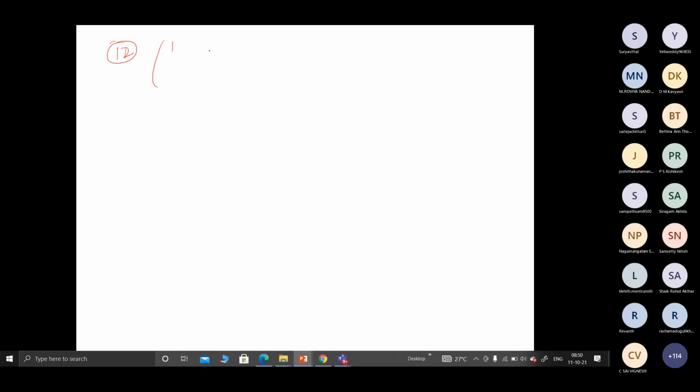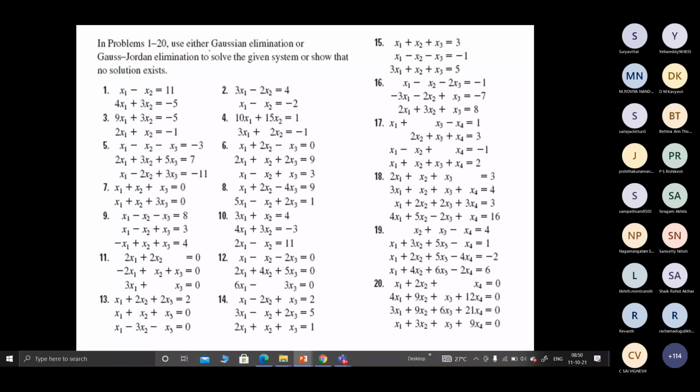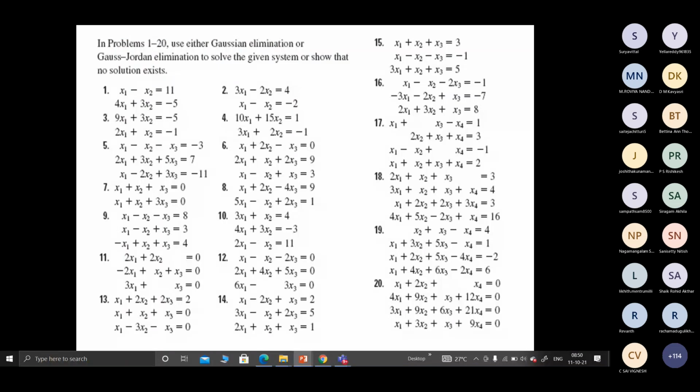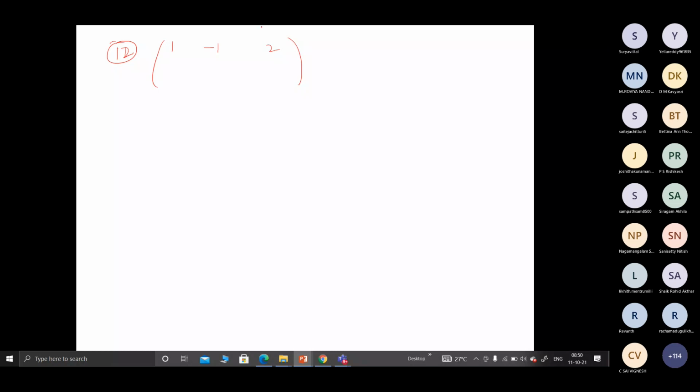No, you tell me the matrix. The first row is 1, minus 1, 2. Okay, that's the thing. Next, 1, minus 1, minus 2. Next, second row, 2, 4, 5.